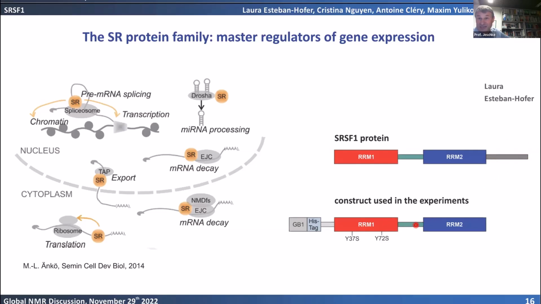We have a flexible linker here. We have the two folded parts, which we treat as rigid bodies. We remove two tyrosines for reasons of making it more stable. And to keep it in solution, we attach the GB1 and the His-tag via His-tag. Okay.